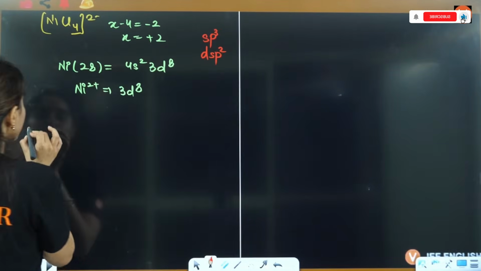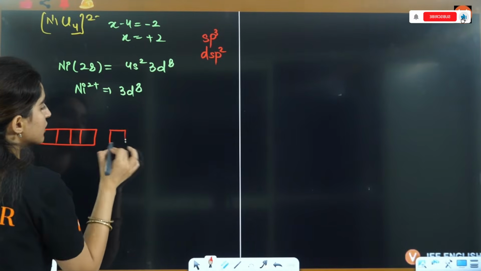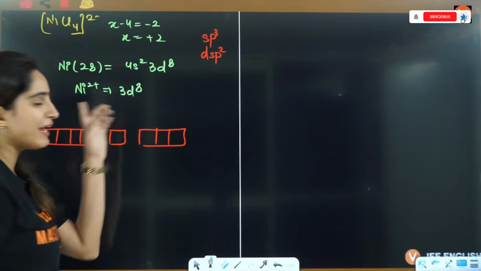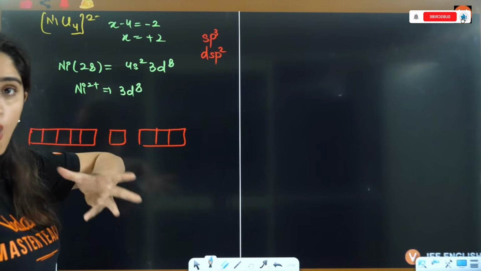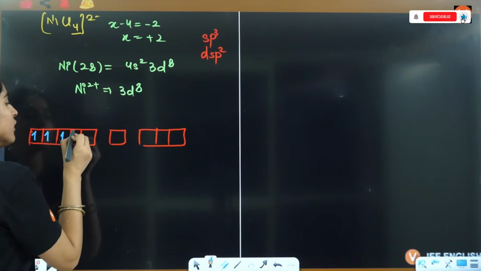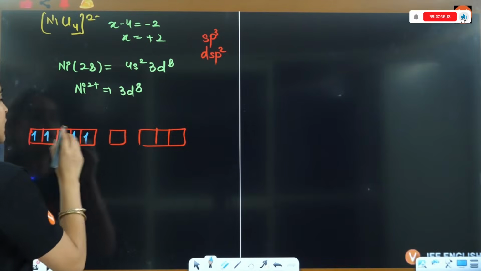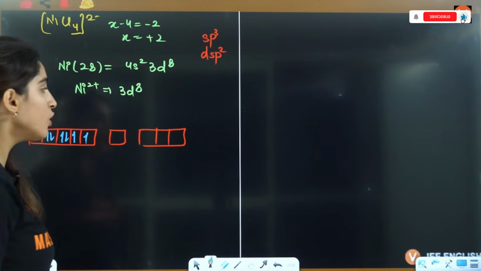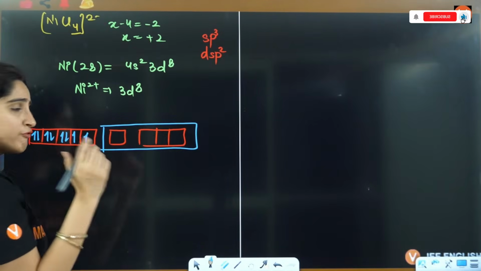Now if you see here in the d orbital, you have 8 electrons. Now chlorine is a weak field ligand, it will not cause any pairing, so that is why it will be 1, 2, 3, 4, 5. Firstly, all the degenerate orbitals will be singly occupied. 5, 6, 7, 8. Can you see now what you are left with? The empty orbitals are this one. You will not look for the half filled, only empty.